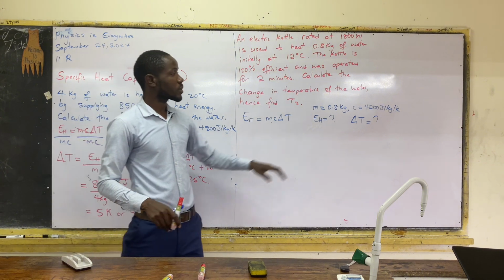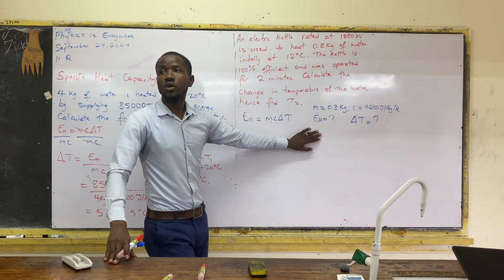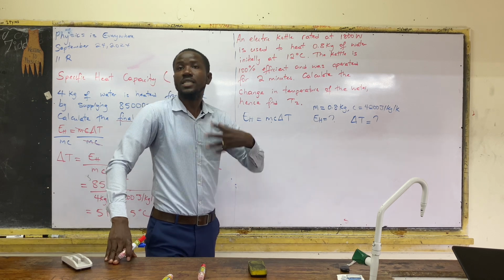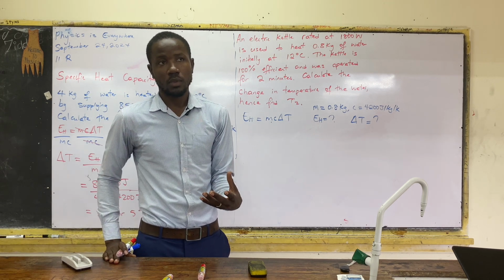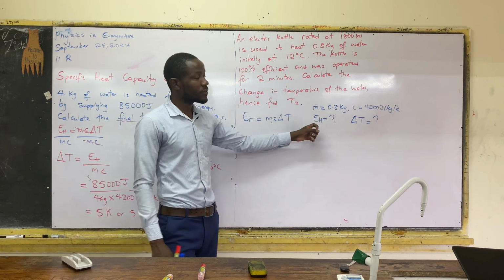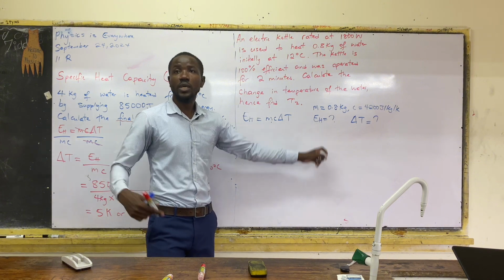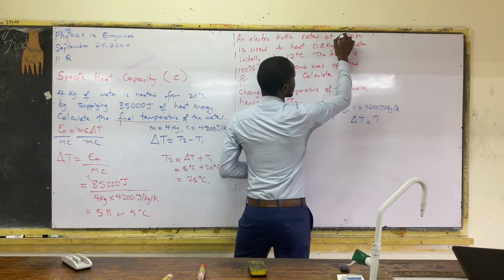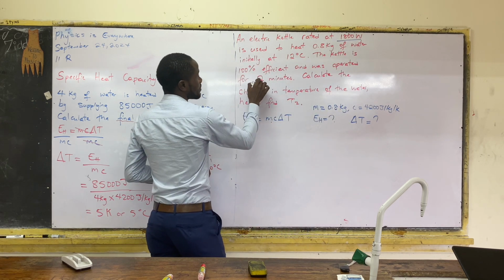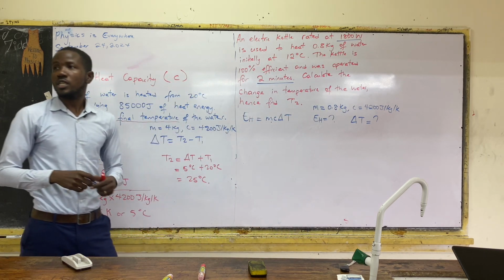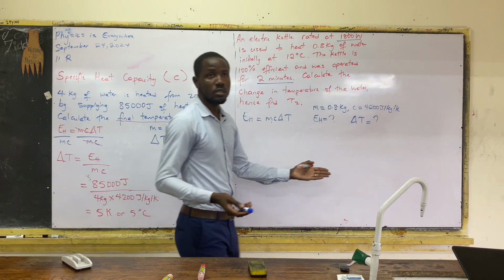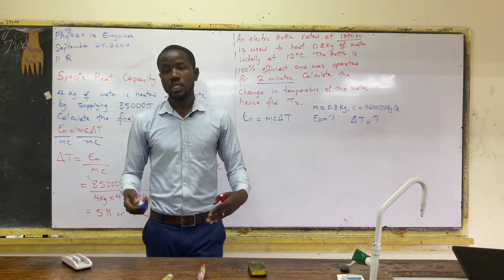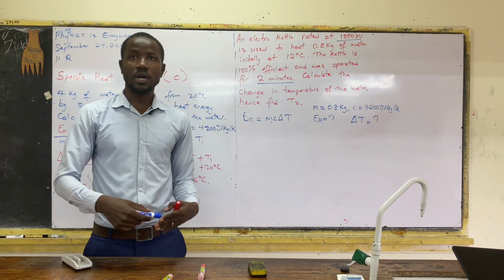Now, delta is a change. Now, even though, students, we're not given a value for the heat energy, pay attention. Even though we're not given a value for the heat energy, we can determine that, right? Because we're given the power right here, and we're given the time. Now, there's a way to relate energy, power, and time.